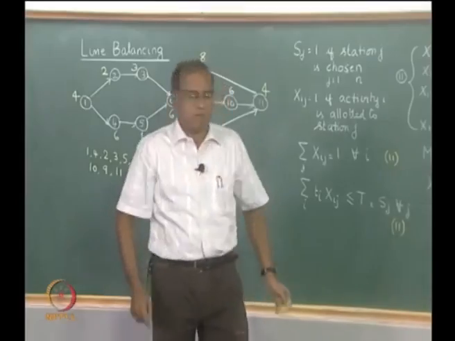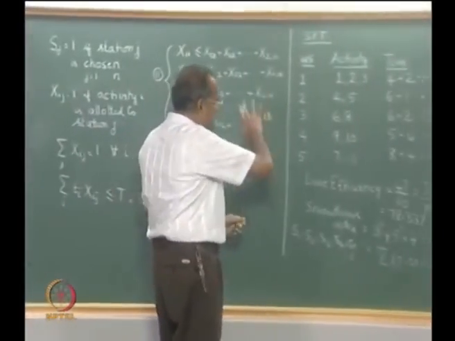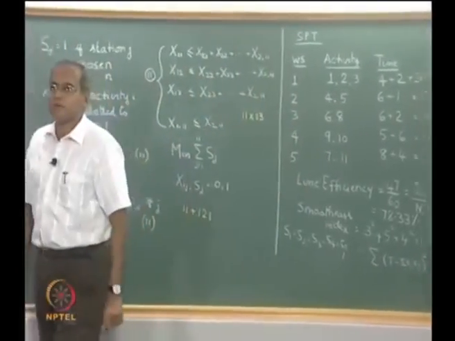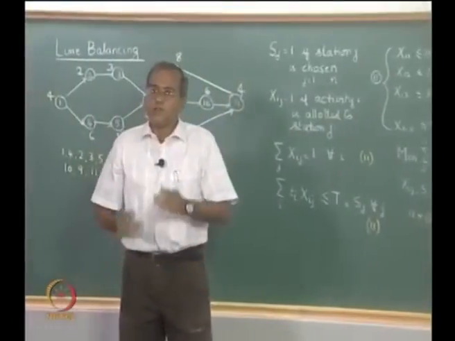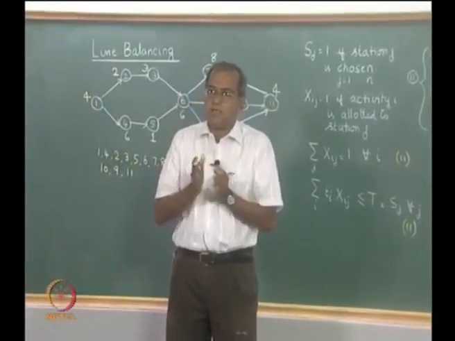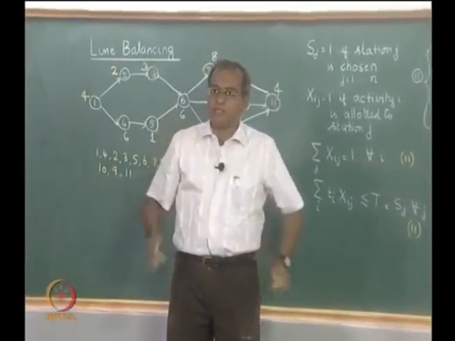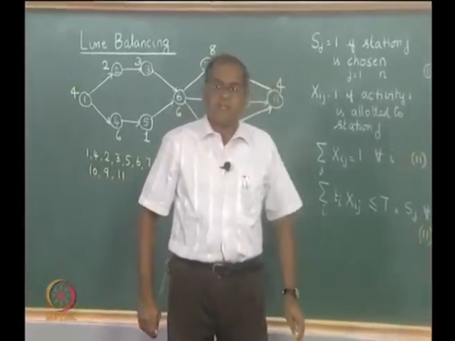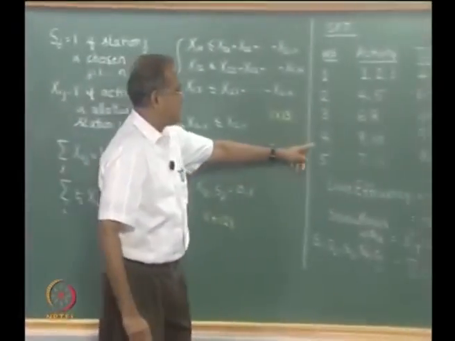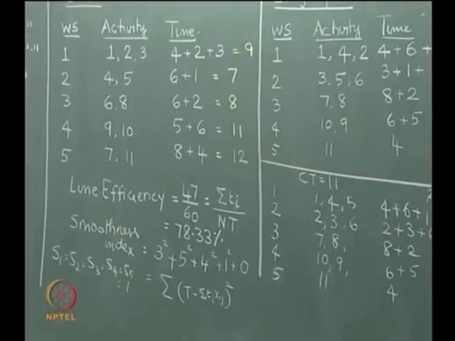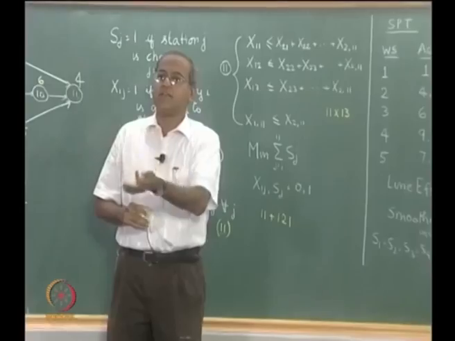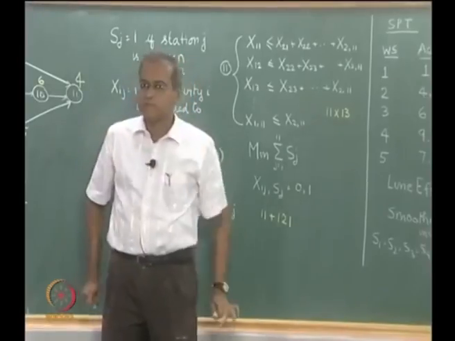Now what does this mean? This has given me a feasible solution with 5 workstations. So a feasible solution is an upper bound to a minimization problem, and therefore since I have a feasible solution with 5 workstations, I am not interested in feasible solutions with 6. Optimum solution cannot be 6 or 7 or 8 or 9 or 10 or 11.